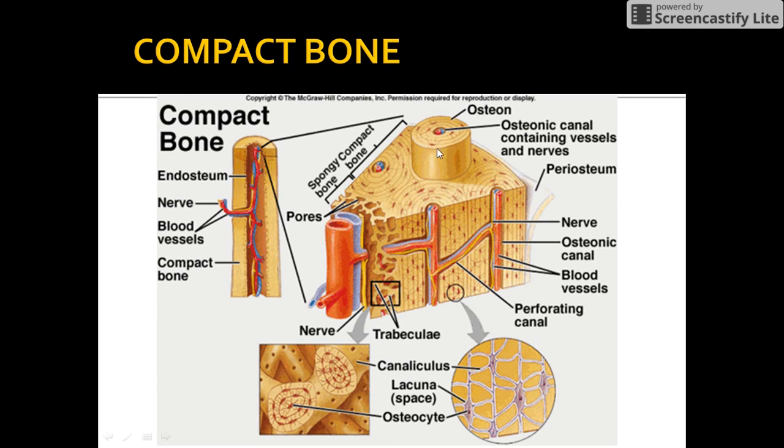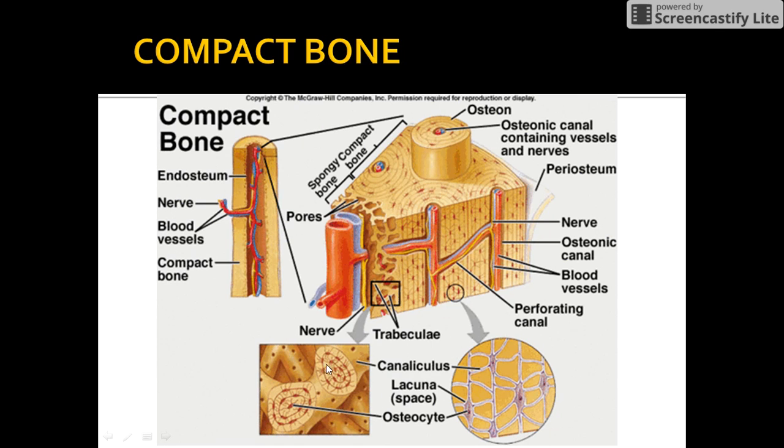These layers are lamellae, and each lamella has cells. These are osteocytes. These are the lamellae, and these are the spaces in the lamellae. These spaces are called lacunae. Each lacuna contains osteocytes. We'll see the function of osteocytes in the physiology of bone.